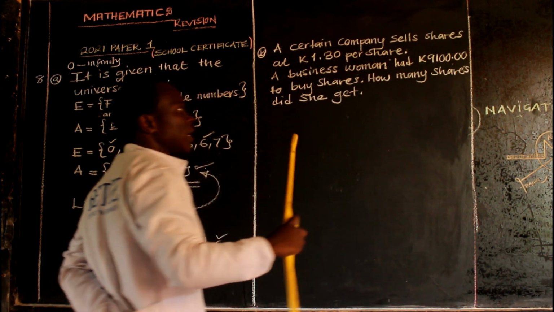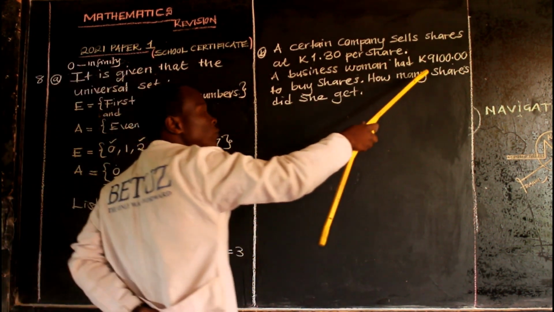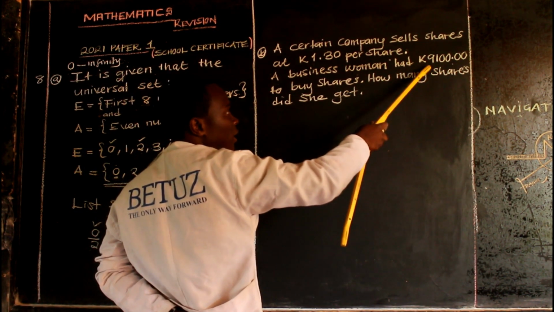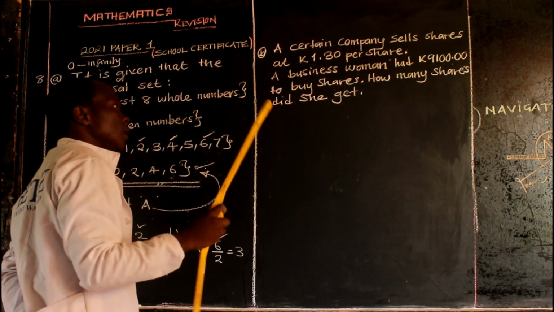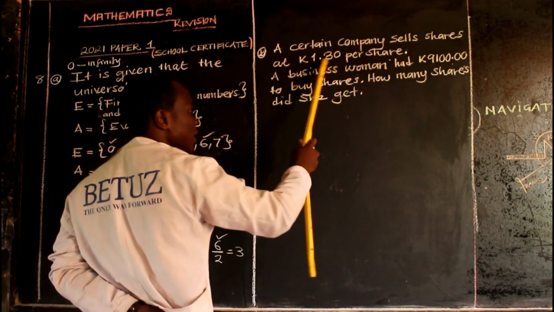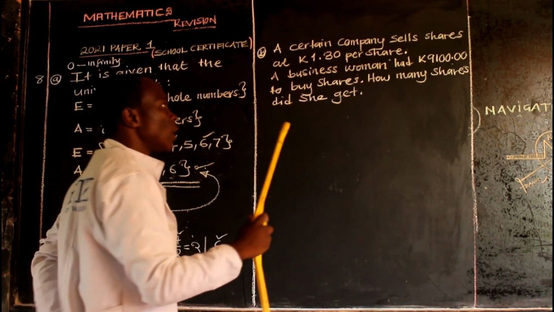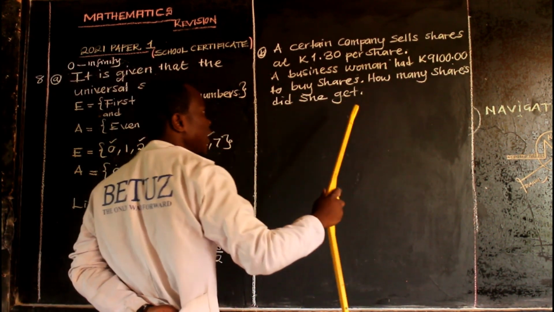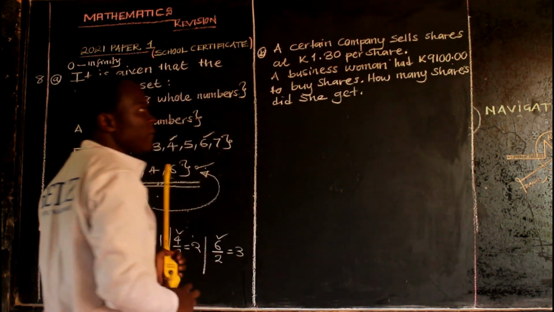You're being told to say how many shares can she purchase from this amount, 9,100, if each share costs 1 quarter 13. So we are being told to calculate the number of shares she can buy from 9,100. This one is very, very simple.